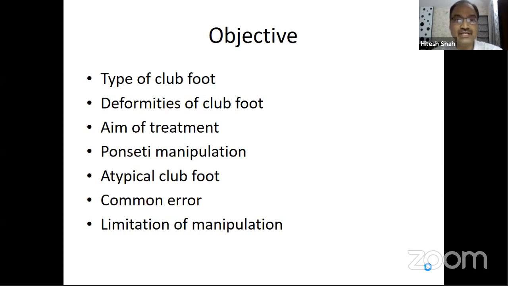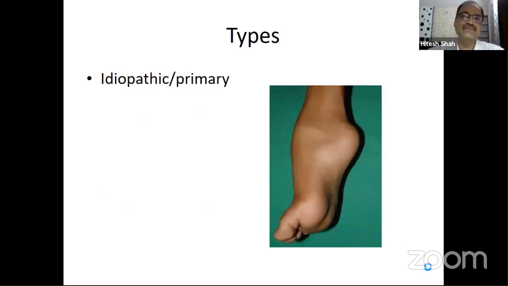I will cover a few parts of atypical clubfoot, because many times people get confused between typical and atypical clubfoot. Then common errors while doing the Ponseti method, and the limitations of the manipulation, because no technique in the world can give 100% results, and I will say how to avoid that.